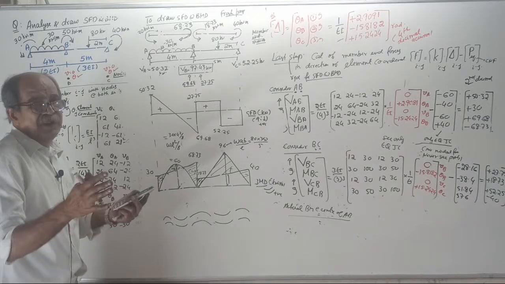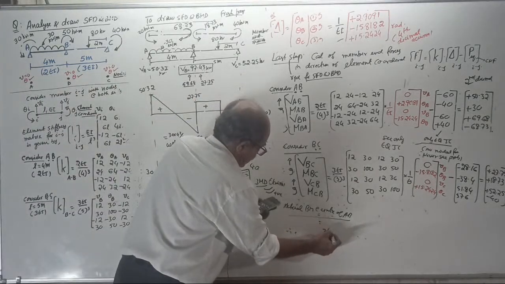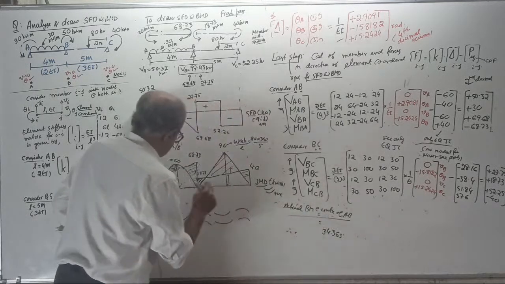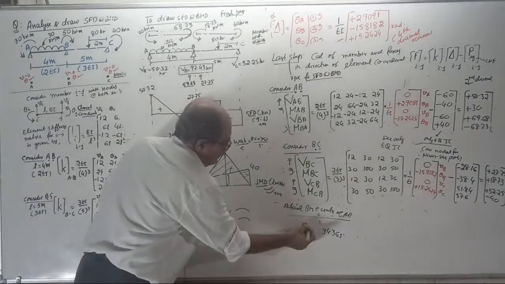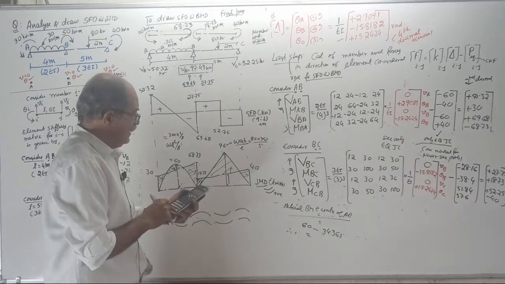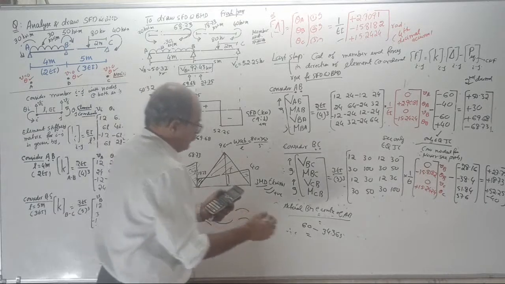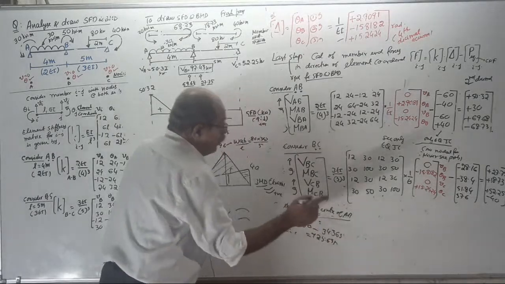By interpolation, not required. 34.365 is the ordinate. So the real bending moment is 60 minus 34.365, which is 25.635. Now check the answer.